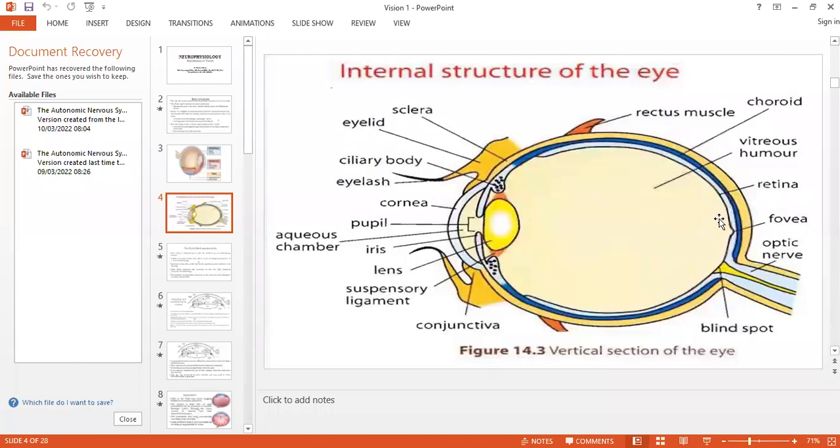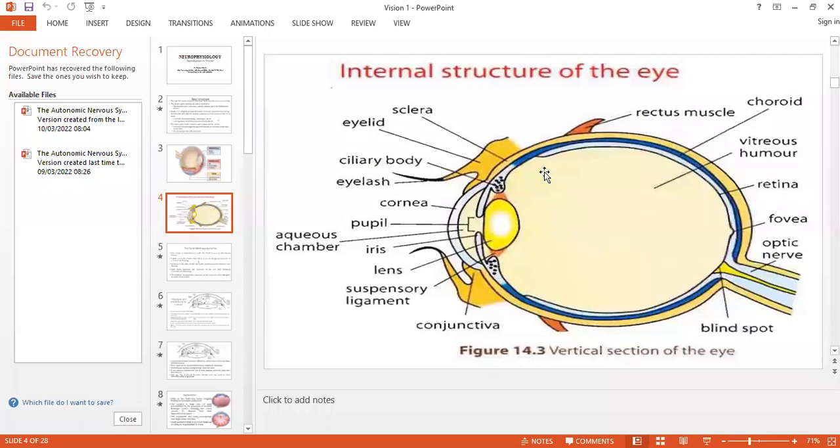Because on the fovea centralis, as you remember from high school, this is where we have a lot of cone cells, and cone cells are responsible for capturing bright light, okay? Yeah, so all the parts of the eye work together to achieve what we call vision, okay?